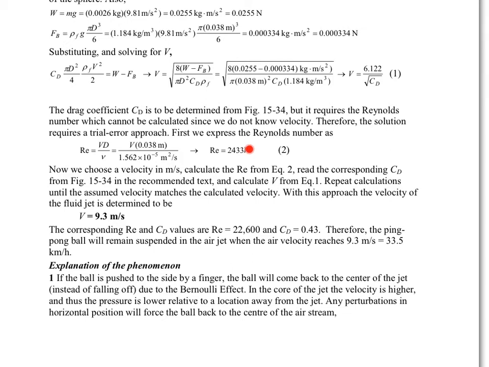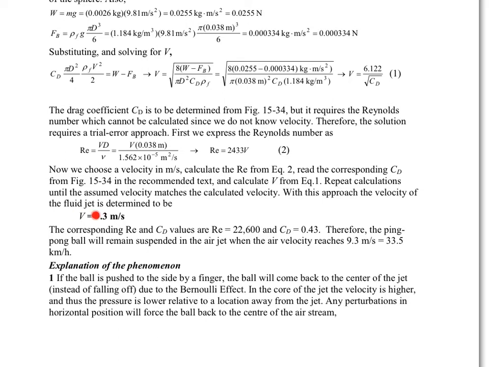Let us say we use 10 meters per second, we get a value of Reynolds number, and from that Reynolds number, we use our chart to find the drag coefficient. Then we get the new Reynolds number, and we repeat the process until we get a value of velocity which converges.